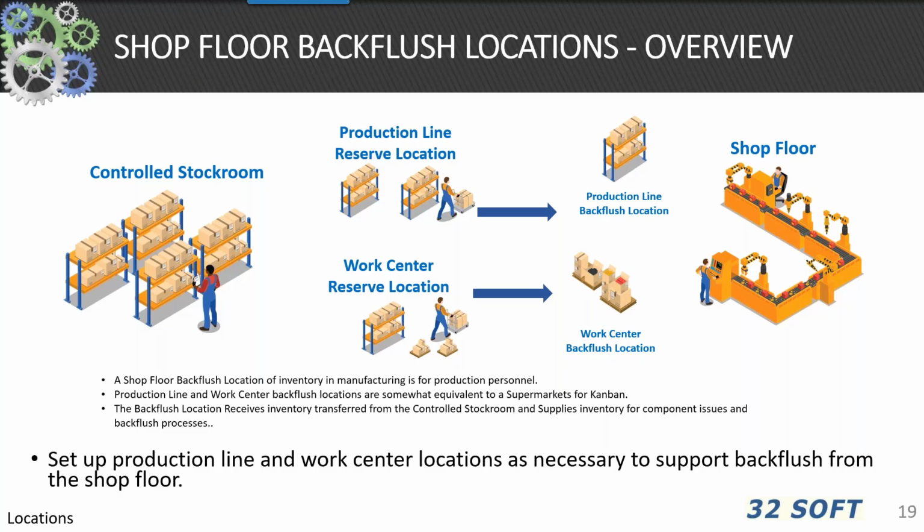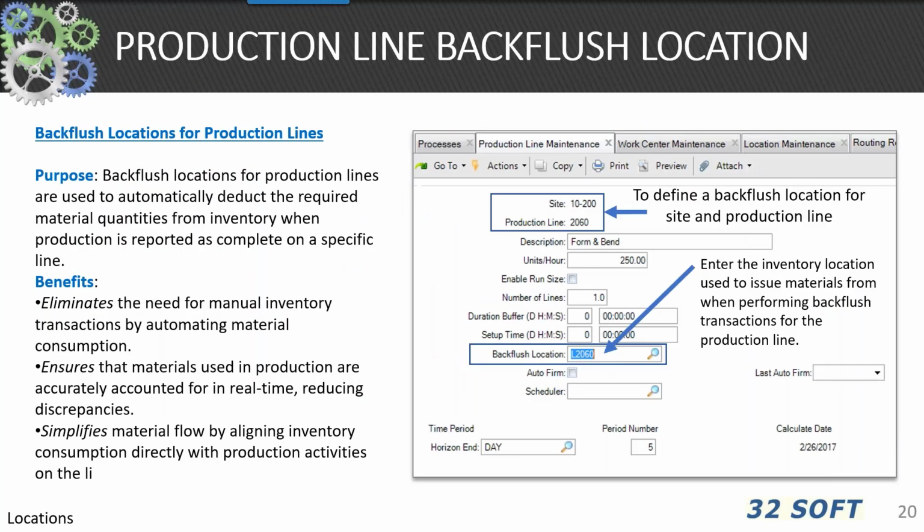Locations must be defined in advance using 1.1.18.1 and then defined in 16.1 production line maintenance or 14.5 work order maintenance. To create a production line backflush location in 16.1.1, enter the inventory location used to issue the materials when performing backflush location transactions for a production line.